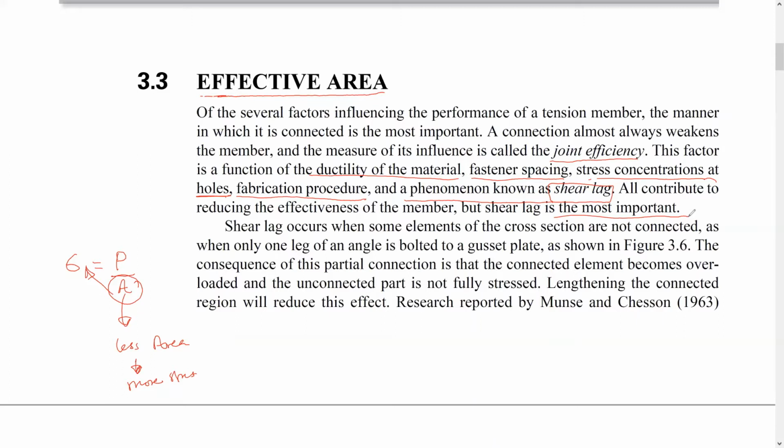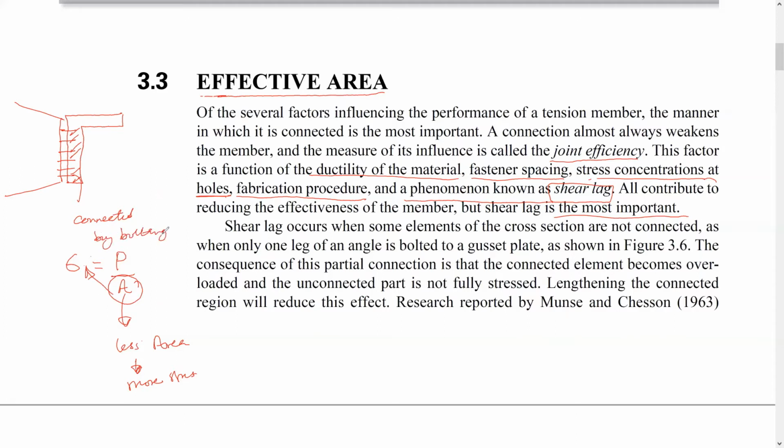Okay, if we have, let's say, a leg or L cross section, and assume this one is connected to something by bolting, any custom plate here or whatever it is. In this case, this angle, this leg, is connected by bolting.